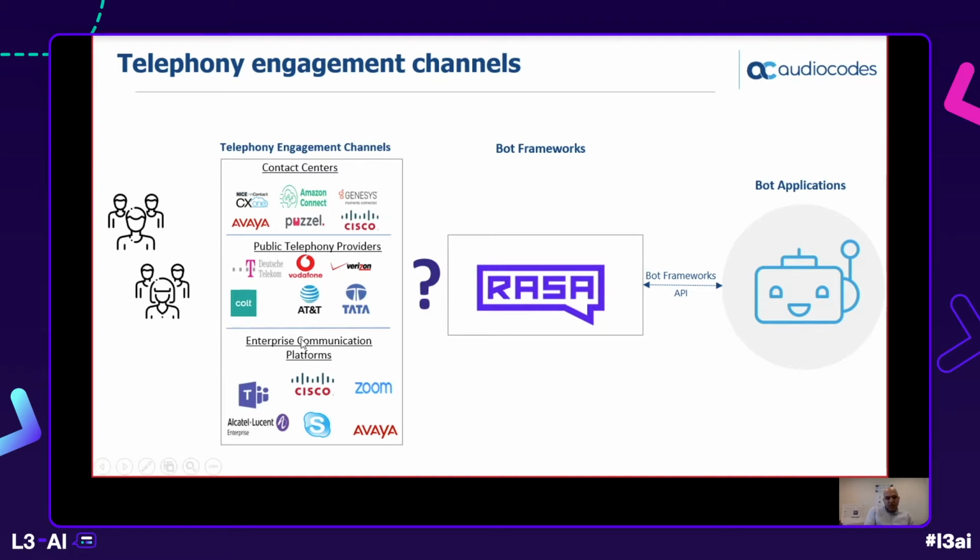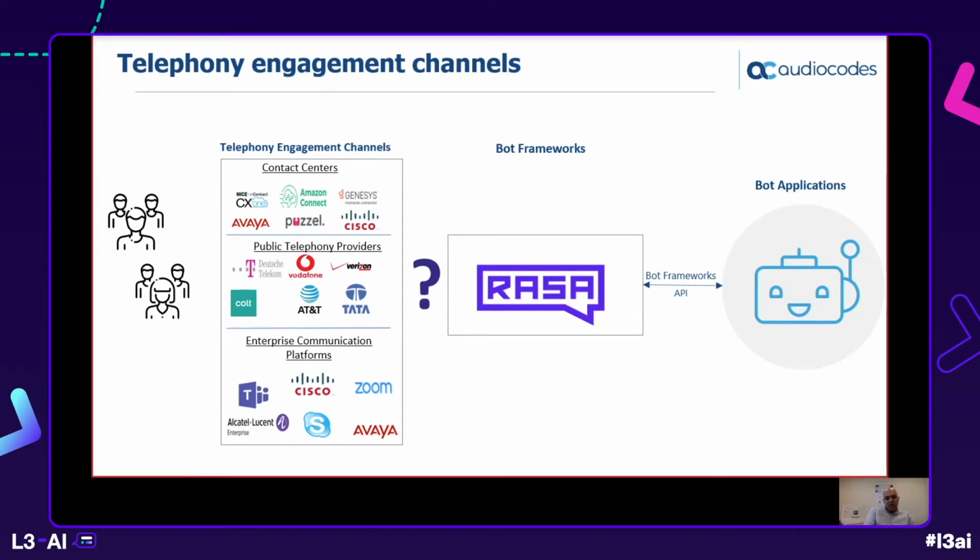And the last one you can see here below: in case your bot serves enterprise employees, you will be required to connect to the enterprise communication platform. So the ones such as Teams, Cisco, Zoom, Avaya, and others. So what do we see here? We see a lot of use cases, a lot of providers, and in specific use cases, you may be required to connect to a specific vendor of this list.